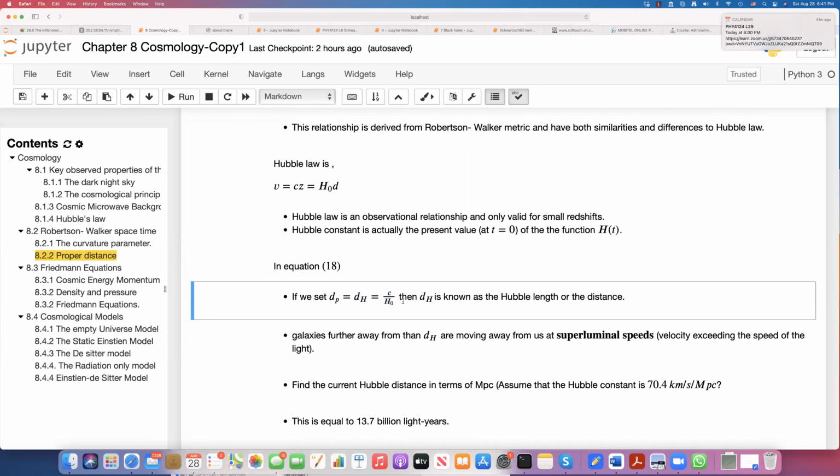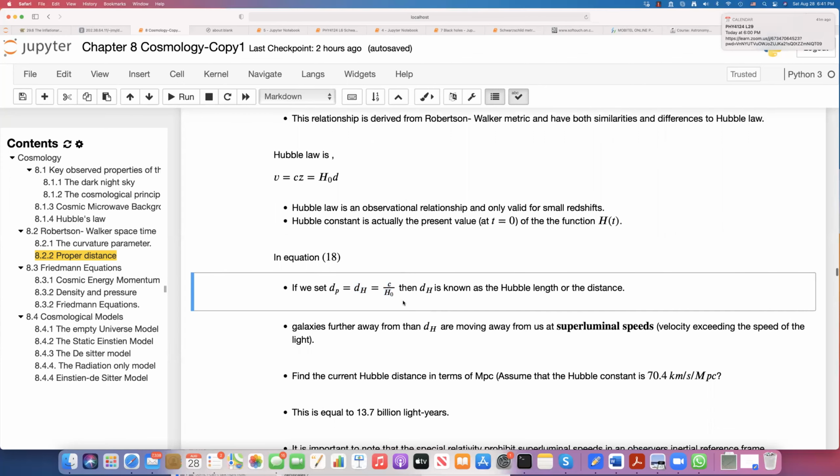So what can you learn from here? The galaxies that are more than 4,200 megaparsecs away from us are actually traveling at a speed greater than the speed of light. So that is the Hubble distance, 4,200 megaparsecs.